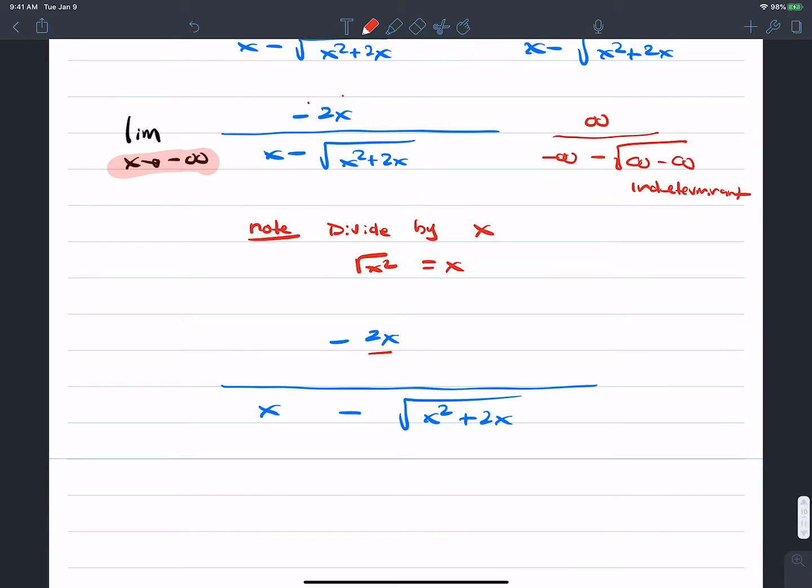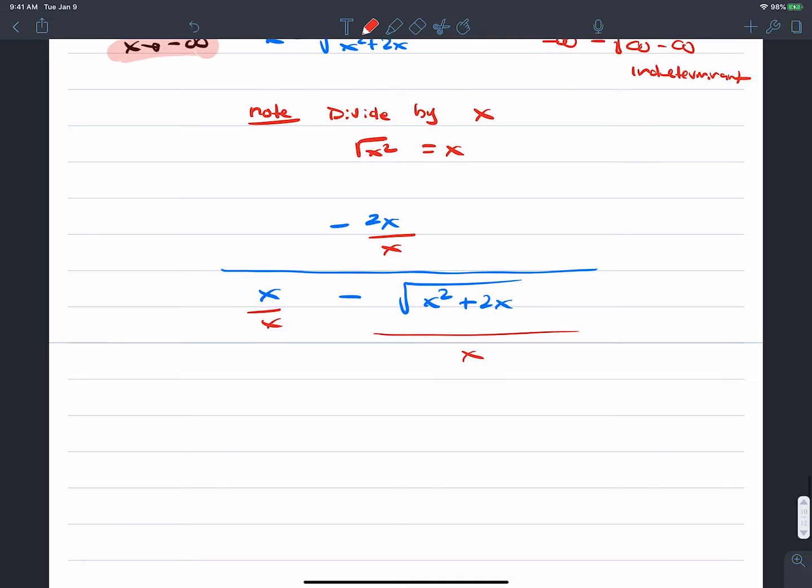Every term is going to be divided by that x, by this x, by this x. Is that right? And what you end up with now would be negative 2 in the numerator, 1 minus the square root of x squared plus 2x, this is over x.